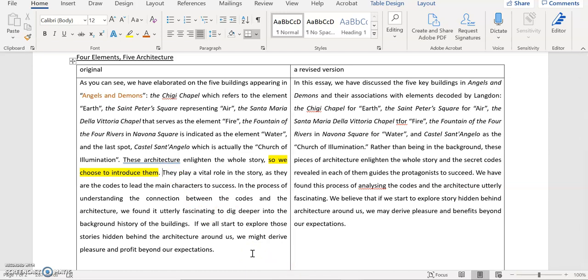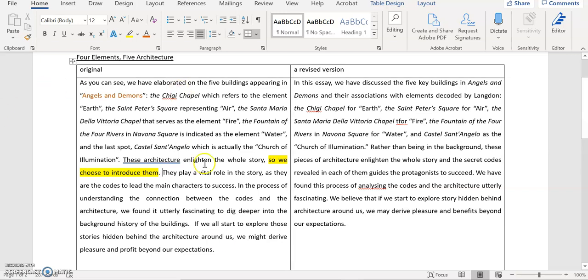They play a vital role in the story as they are the codes to lead the main characters to success. Okay, that's fine. And then you say, but not very specific, because I don't think these buildings, like the Chigi, I don't think these buildings are the codes. Okay. The codes are embedded somewhere in these buildings, but they are not the codes.